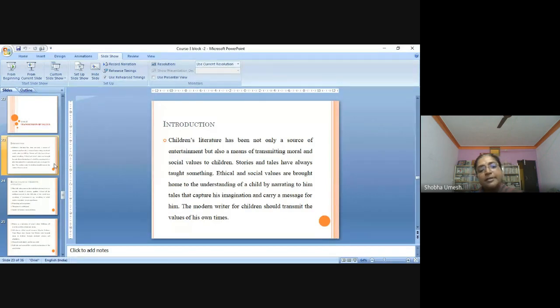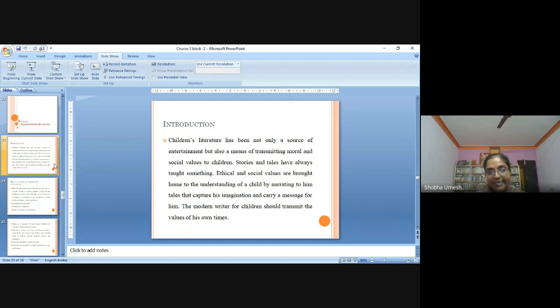See, the modern writers for children should transmit the values of their own times. See, when a modern writer writes for the child, always he has to keep in mind the values of his own time: how to teach the child who is growing up in this modern world. In that way, when he writes, he has to try to transmit certain values through modern characters only.